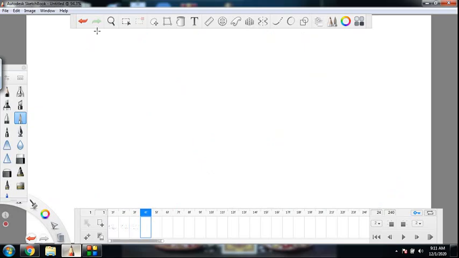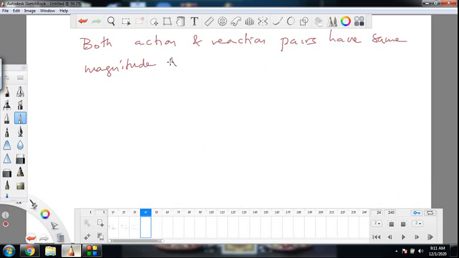This is Newton's third law. They act on different objects. They don't act on the same object or same body. They act on different bodies.